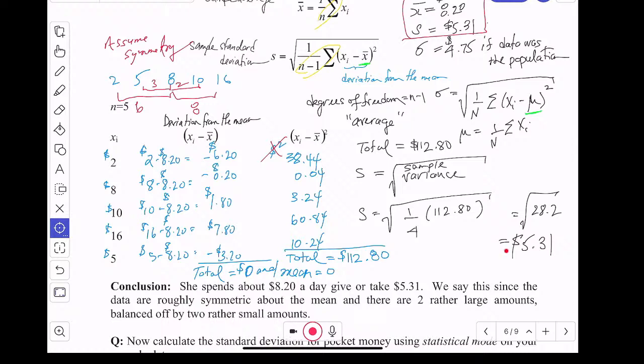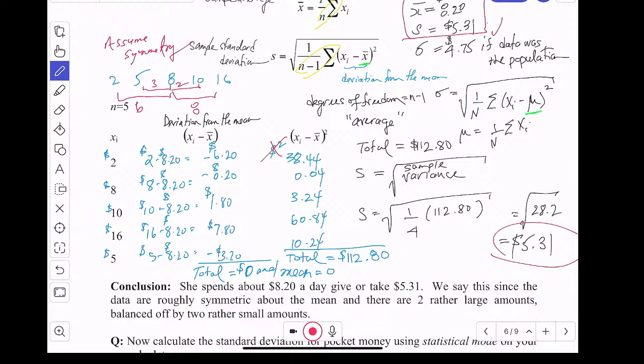You take the square root because we squared them to eliminate the signs, because we weren't interested in the signs or which side it deviates from. We want to know how far away it is in total from the mean, each observation in total from the mean. So this is our sample standard deviation, which is what we got from a calculator.